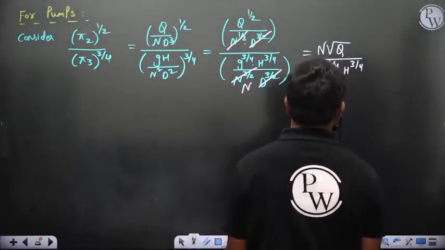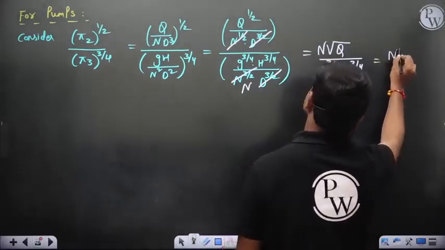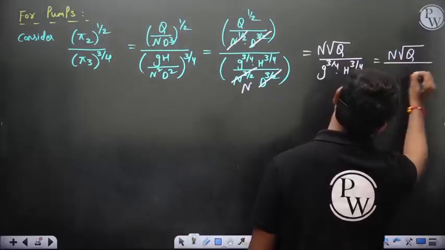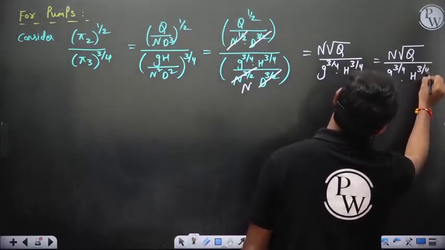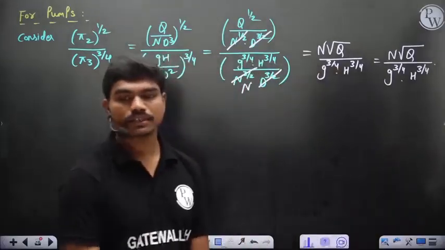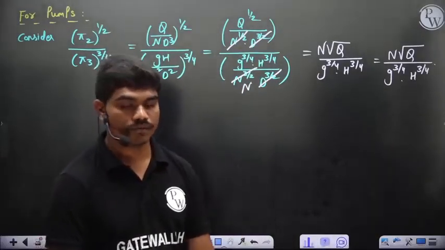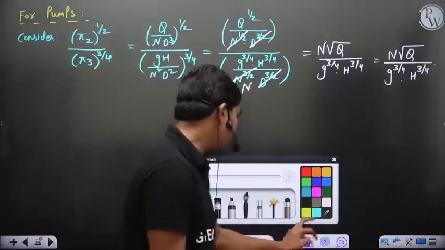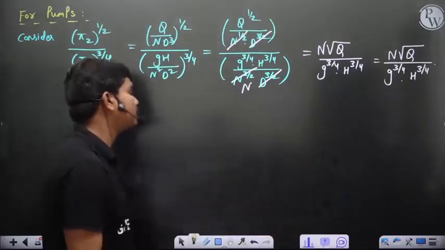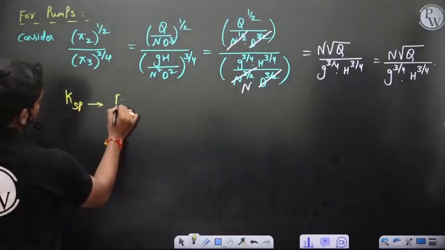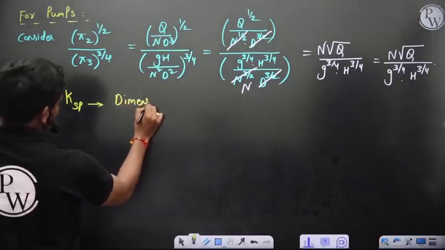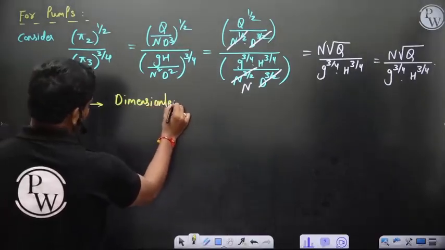That's it. So it's like N root Q by g power 3 by 4 into H power 3 by 4. That's what you have. So this is again a dimensionless number for pumps. Therefore this is called KSP, which is something like dimensionless specific speed.